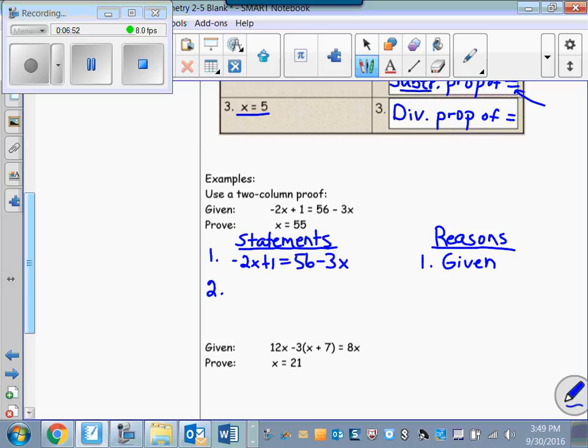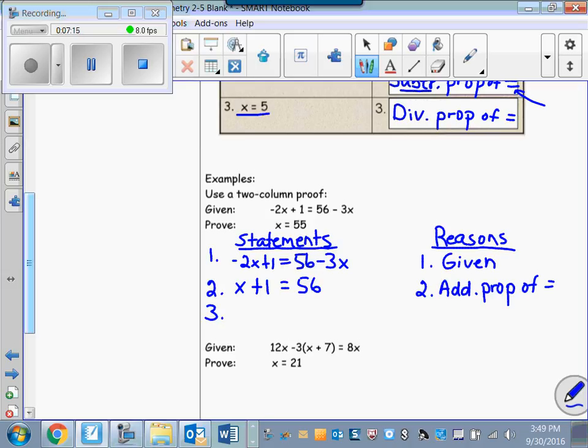So if I add 3x to both sides, then over here I'm going to have x plus 1 equals 56. And of course what I did is the addition property of equality. I just added 3x to both sides.